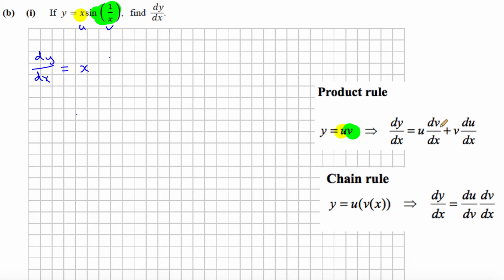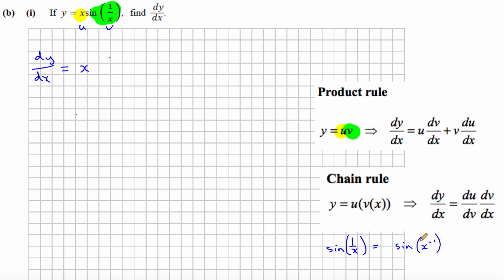So it's equal to u by dv/dx, so it's x by the derivative of sine of 1 over x. Now, just as an aside, the sine of 1 over x is equal to the sine of x to the minus 1.